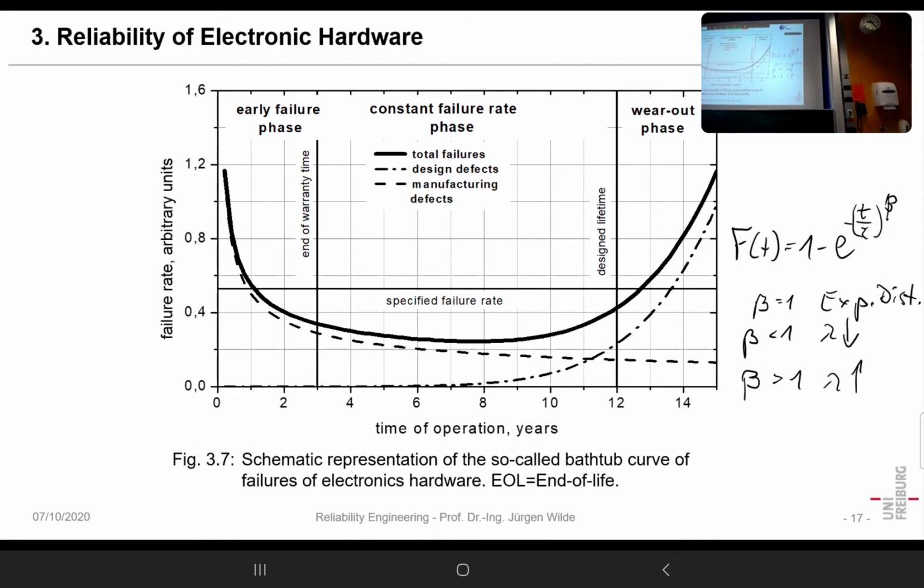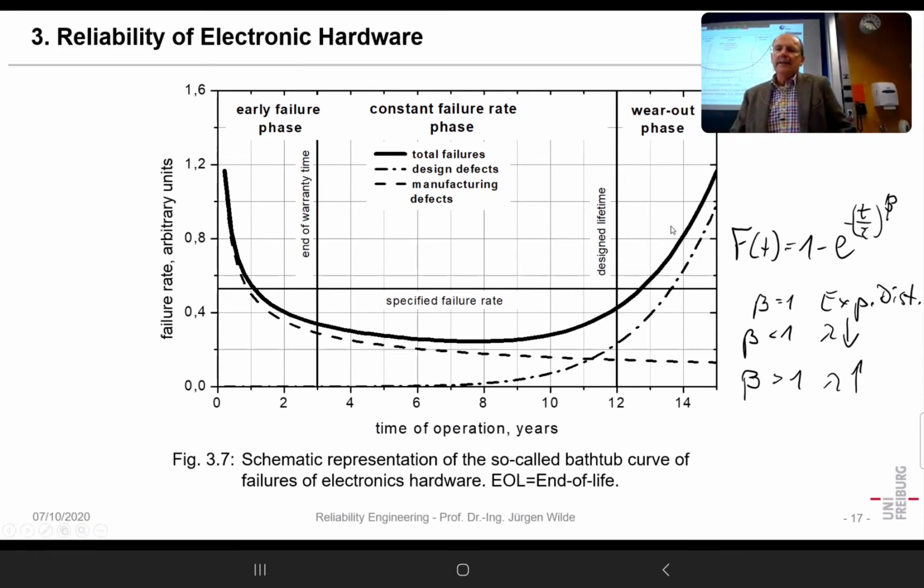In the early stages, what could be the reasons of failure? Is it like manufacturing? That's a good question. Let me start from the back. Here it's failure by chance, you could say, but you could also say it's a superposition of these two curves, and that superposition is more or less somehow a constant.